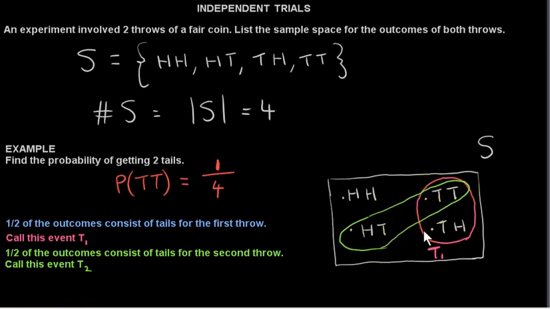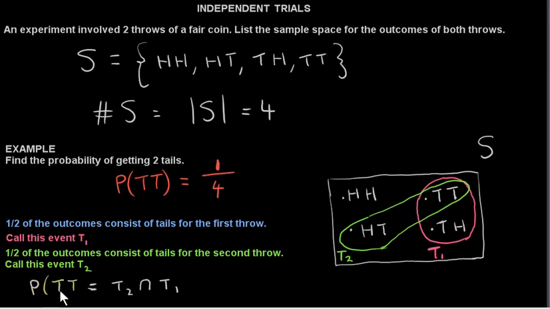This is the set T2, or the event T2. Well, we can see from the Venn diagram that the event TT, which just consists of a single element, this element here, is the intersection of the set T2 and T1.